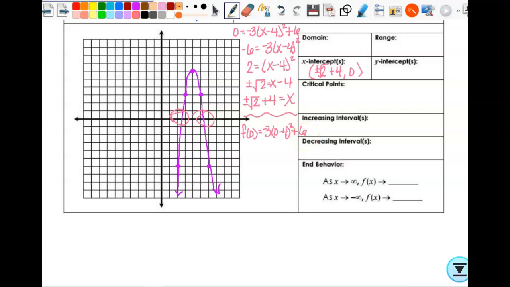So negative 4 squared is 16. So negative 3 times 16 plus 6. What is negative 3 times 16? Negative 48 plus 6 gives me a negative 42. So this is at 0, negative 42.